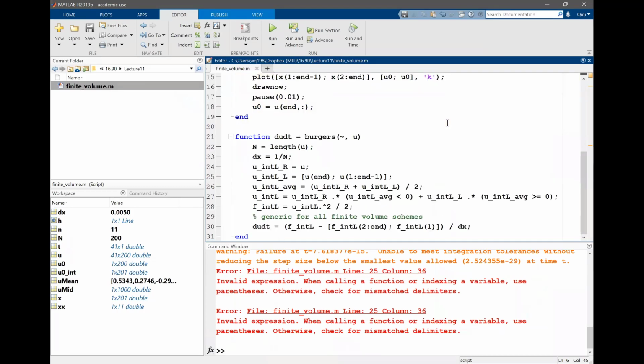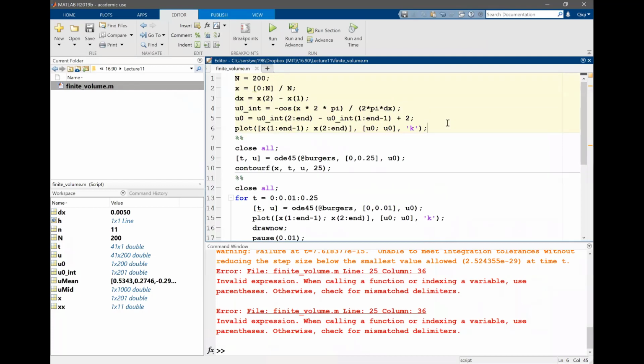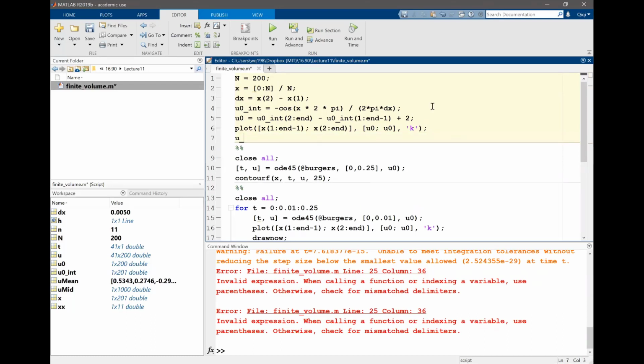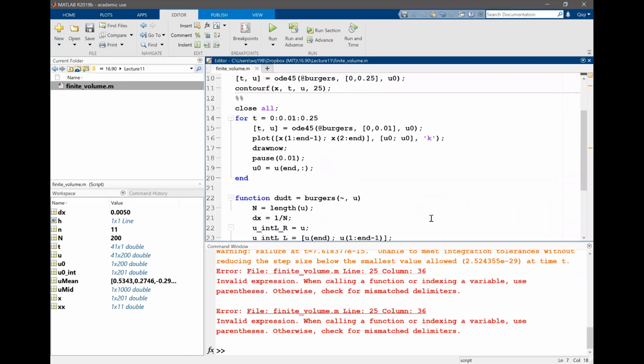Okay, so in this case, let's say I want my boundary condition to be consistent with what I have as an initial condition, right? My initial condition, I'm saying U is sine of 2 pi x plus 2. And sine of 2 pi x plus 2 would be equal to 2 when x is equal to 0. So let's set U boundary left to be equal to 2, and let's see how we enforce the boundary condition.